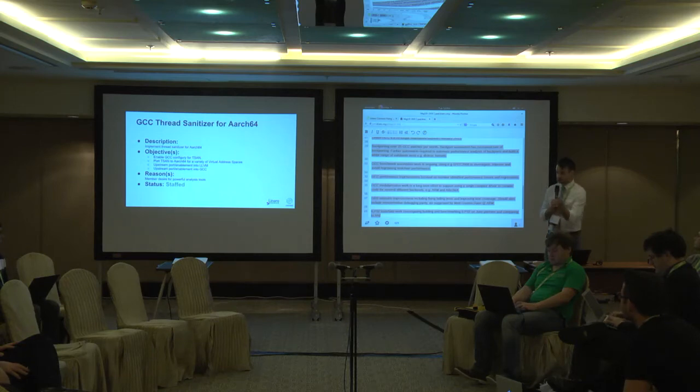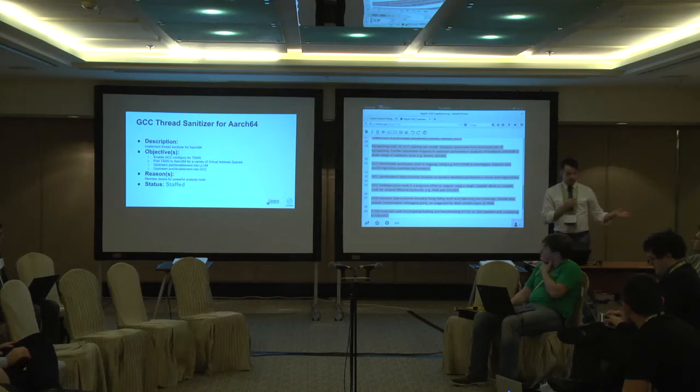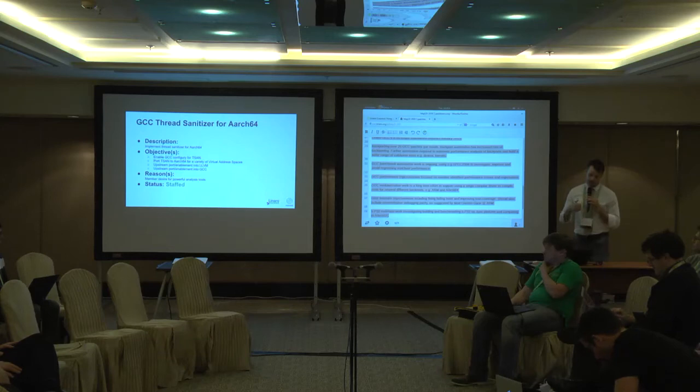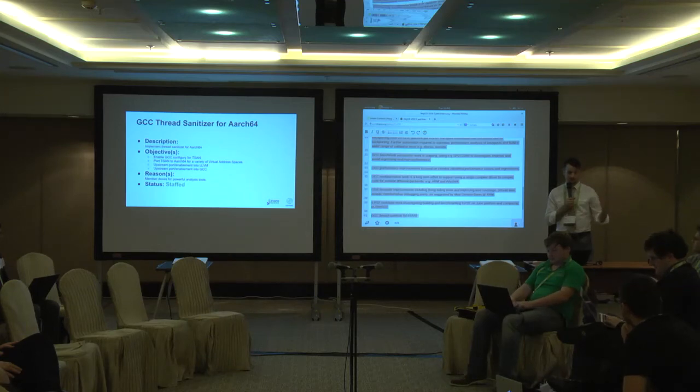And then thread sanitizers. So Matthias was asking about this. We're not just working on thread sanitizer, we're also working on ASAN, which is the address sanitizer. So what we want to do here is implement the thread sanitizer for AArch64. This requires enabling the GCC configure stuff for TSAN. It was really built for x86-64.